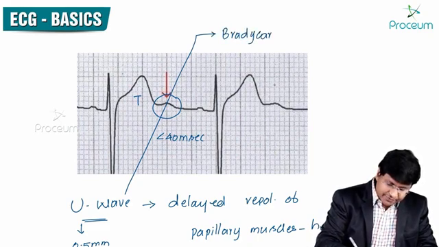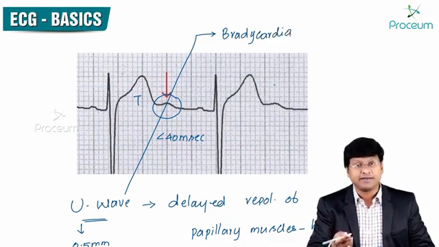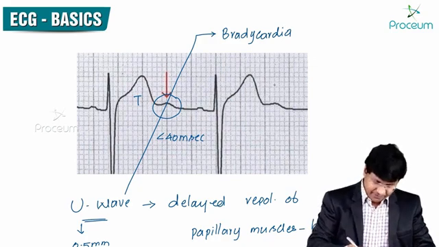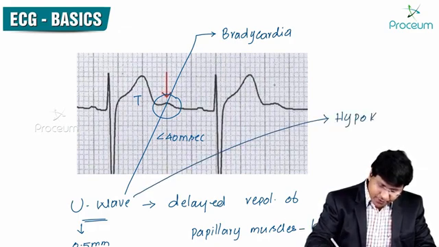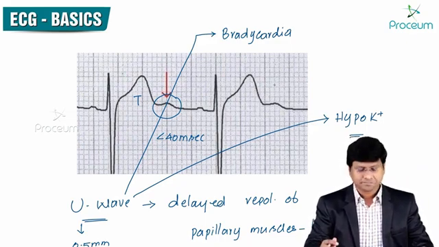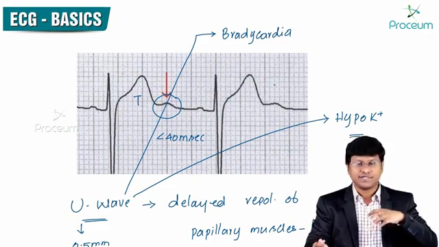But what are the pathological conditions where you will have the U wave? The pathological condition is hypokalemia. In hypokalemia, you have the appearance of this U wave. Now, so this is your normal PQRST complex.